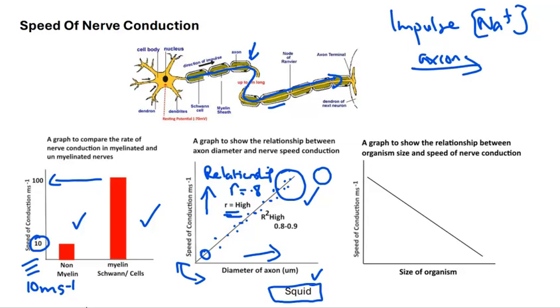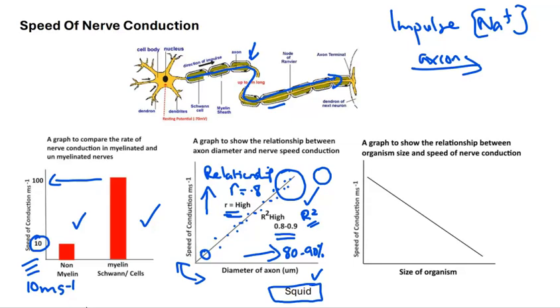Now, the data for this is plotted around this line in order to generate the regression line, and the data fits very, very well with coefficients of determination, capital R squared. Note that it's capital R squared, and this coefficient of determination is around 0.8 to 0.9, meaning that 80 to 90% of the variance in the data can be accounted for by this relationship.